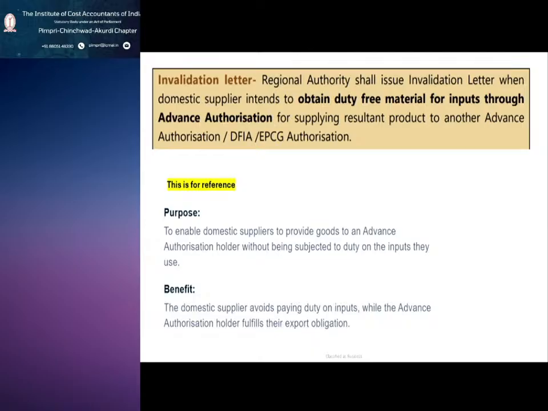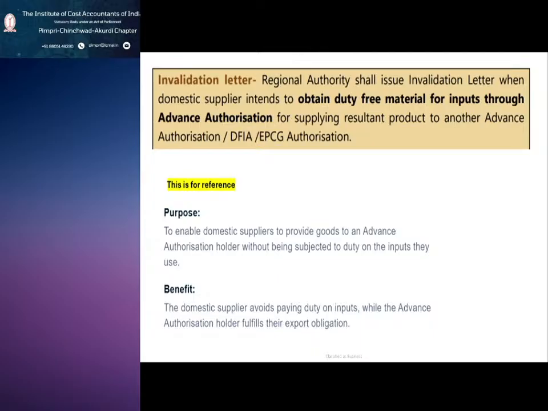From the regional authority. The regional authority issues the invalidation letter, and the domestic supplier in turn obtains the duty-free material through advance authorization for supplying the resultant product to another advance authorization. So this is one case.